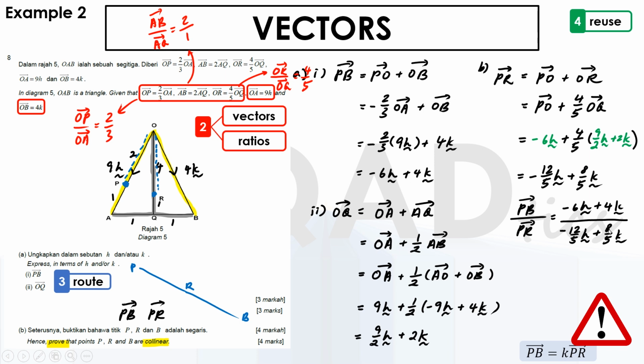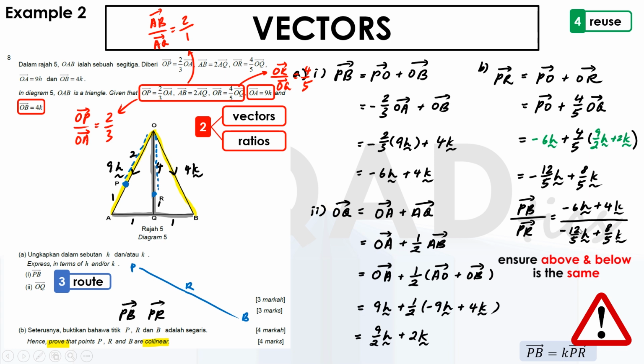So now what I need to do is to find the ratio between these two vectors. There will be a relationship between these two vectors. So the first thing is we can compare the values for, let's say I choose K, okay, 4 and 8 over 5. I want to make sure when I extract the values out, here will be 4, here would also be 4.